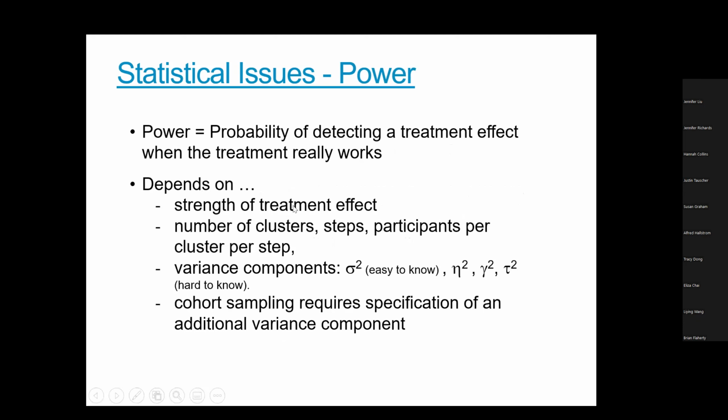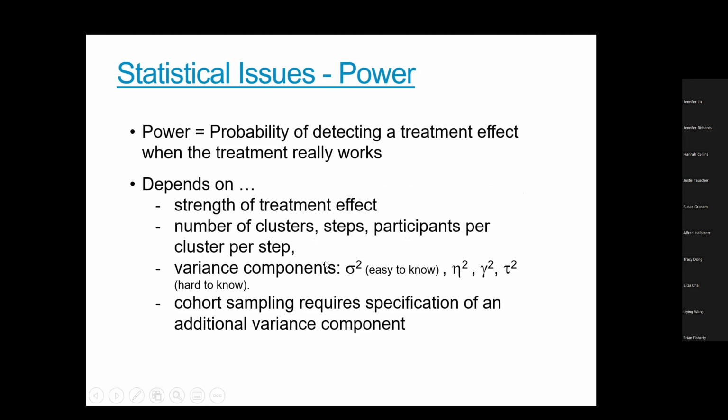It's much easier to detect really strong treatment effects than small ones, but it's also going to depend on lots of other aspects of the design: the number of clusters, the number of steps, the number of participants per cluster per step. These are all part of the design that you would have to put in to figure out the power.